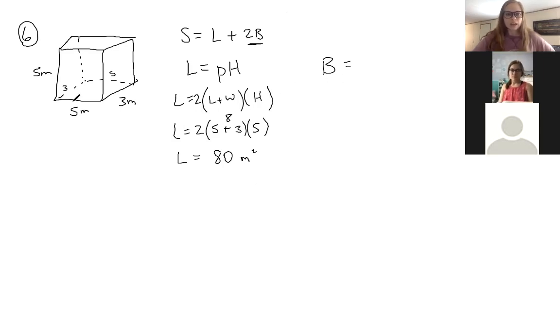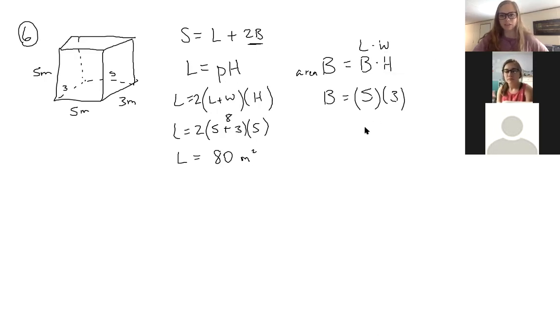So the base is a rectangle, so the area of the base is equal to base times height. So B is equal to, the base is 5, the height is 3. If it helps to keep it separate, you can do length times width, because I don't want you to get confused with that H meaning the height of the prism. We're just trying to find the area of the base. So the area of one of these bases is going to be 15 square meters.